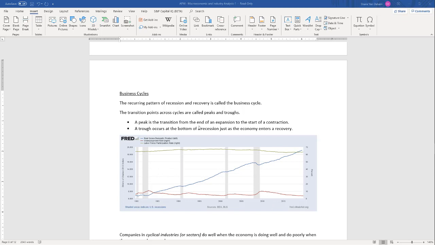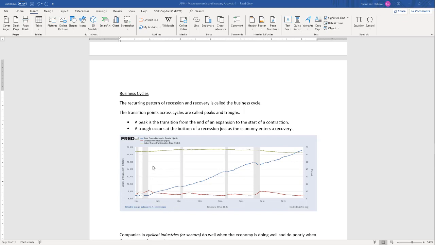So a peak is the transition from the end of an expansion to the start of a contraction. You can see here would be a peak, here would be a peak, and here a peak, and that contraction occurs during the recessionary periods.